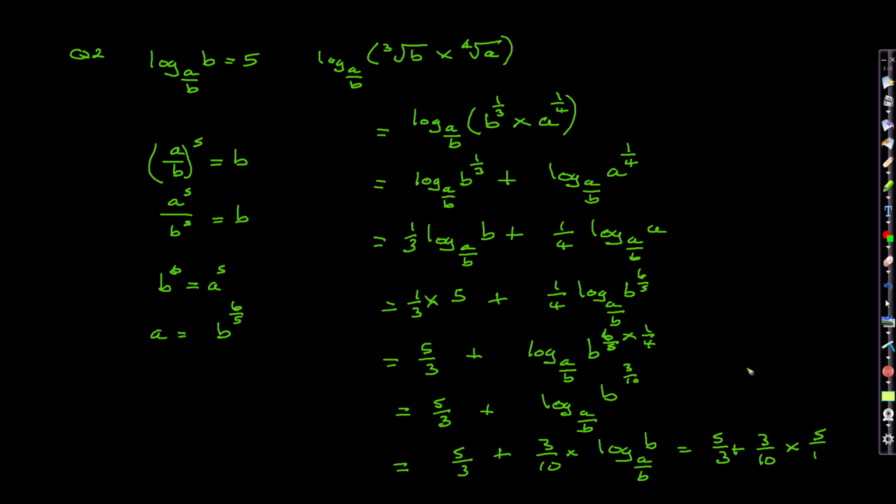So it's going to give 5/3 plus, we cancel the common factor of 5 there, so we get plus 3/2. And if you add those two fractions, you end up with 19/6, which is the final answer.